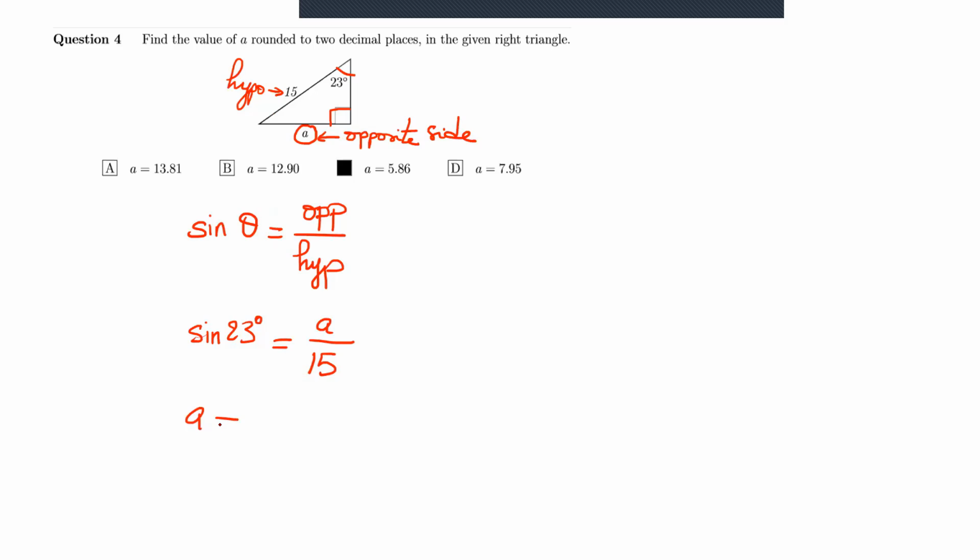So A equals, we multiply by 15 to remove the denominator. So A equals 15 sine 23 degrees, which is 5.86 up to 2 decimal places.